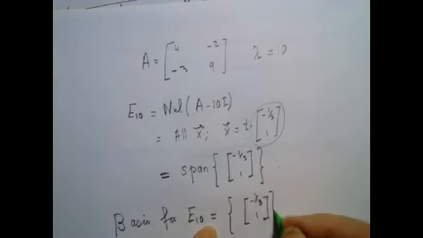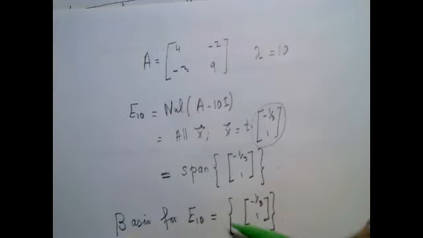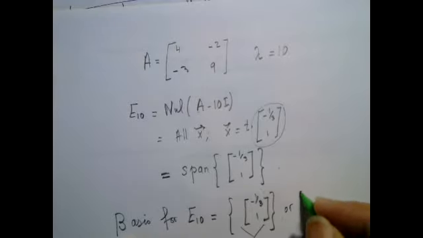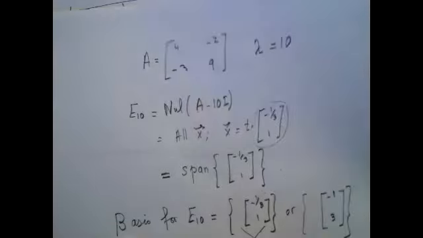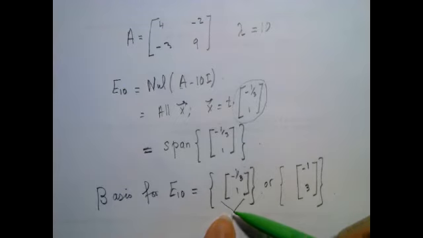That will be the basis for E10, which is really telling me that the eigenspace, meaning all the eigenvectors that correspond to lambda equal to 10, are nothing more than scalar multiples of this vector. So the basis of E10 is actually this vector, or this vector, minus 1, 3. Is this correct? Can I use this as a basis or this as a basis? Will it be the same thing?